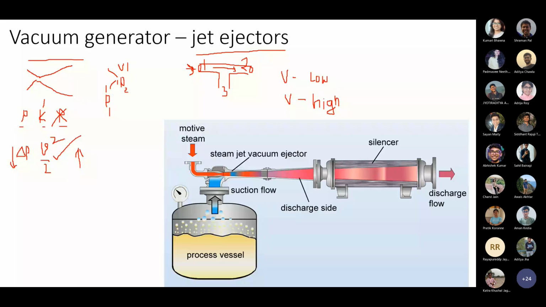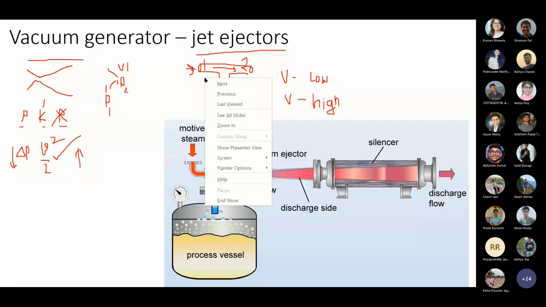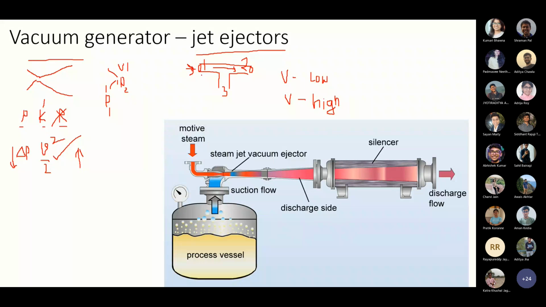But we know that at every point there will be pressure and there will be velocity. So what will happen to the pressure at this point? Since the fluid doesn't want to go to position 3, the fluid wants to go only from point 1 to point 2.